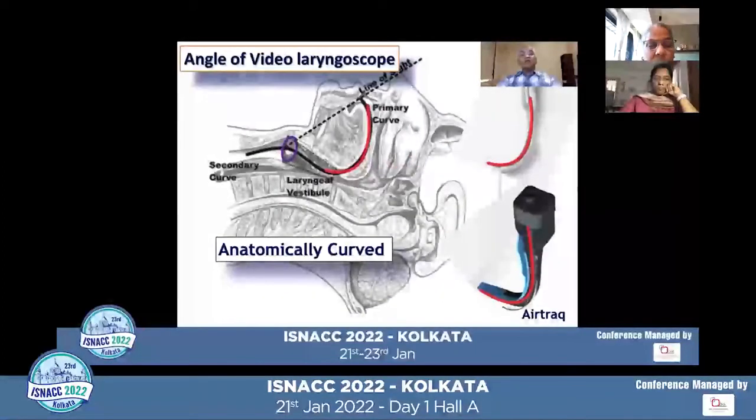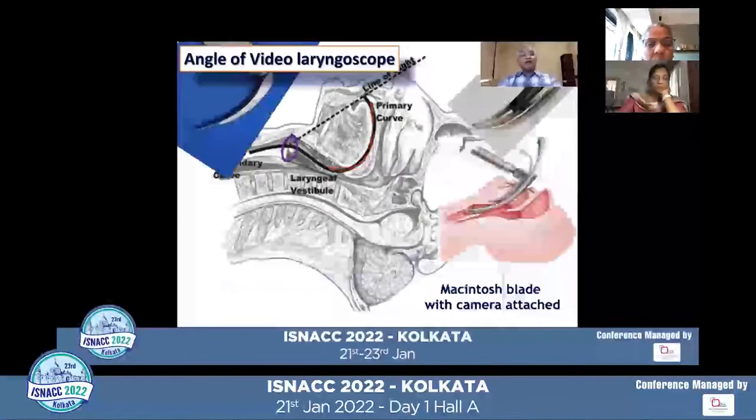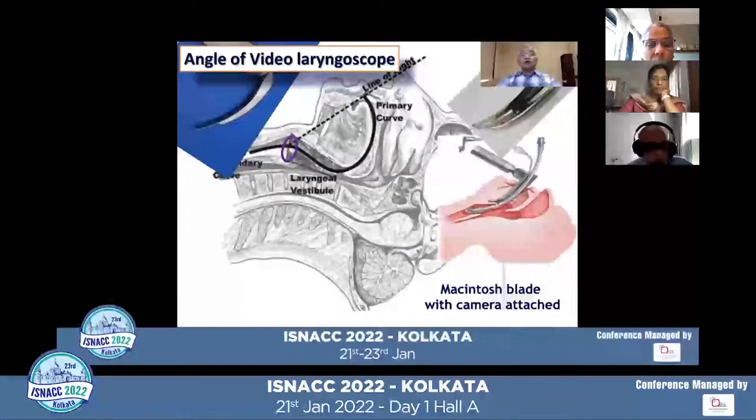The second to develop, to facilitate easy intubation, was a device which was still anatomically curved but not as angulated, pointing towards the vocal cords rather than the vallecula. These were channeled video laryngoscope blades. Of course, a camera could always be incorporated in a Macintosh type of laryngoscopic blade and used as a video laryngoscope.